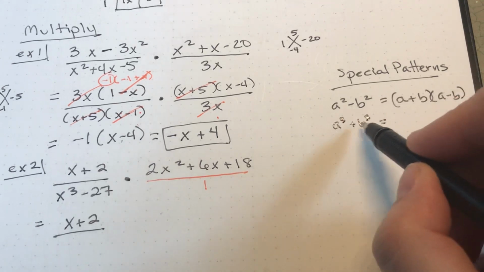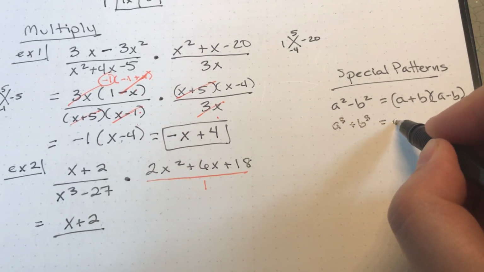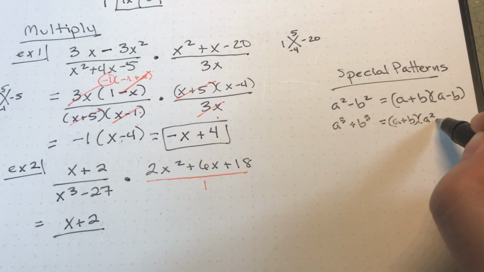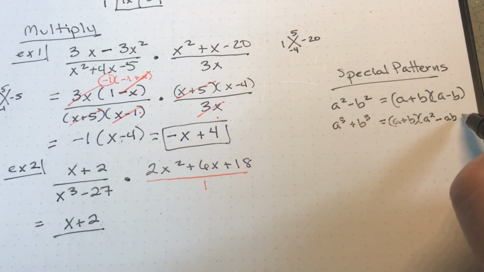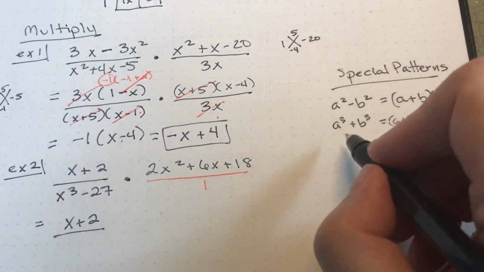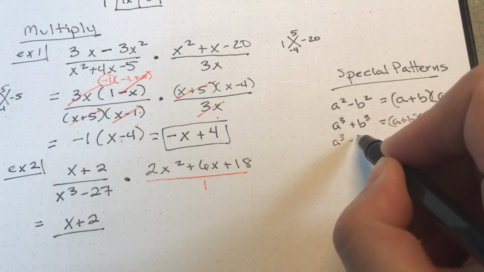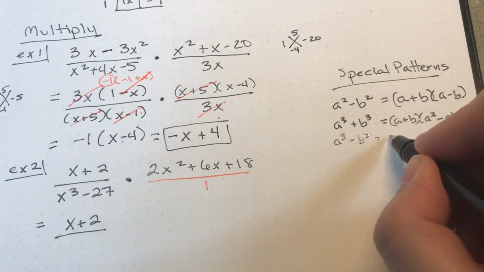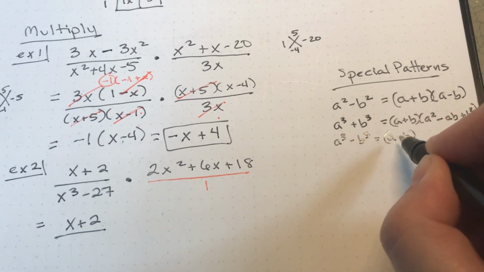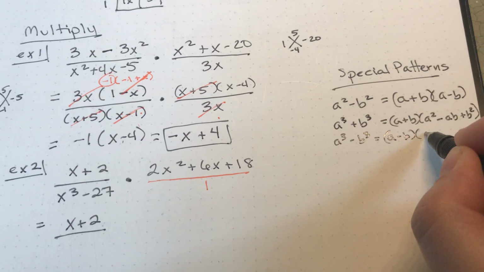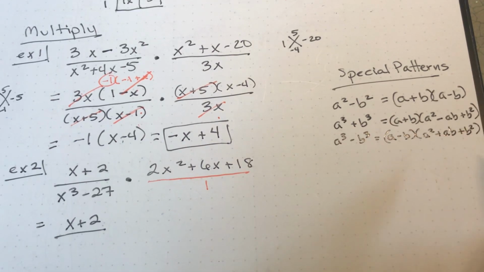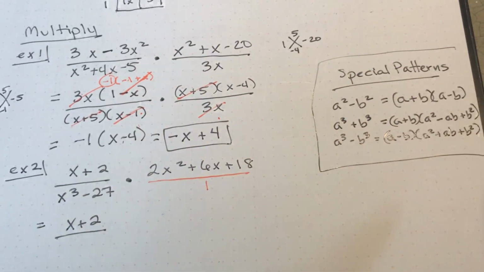So if I have the sum of perfect cubes, that's going to be a plus b times a squared minus ab plus b squared. And if I have the difference of perfect cubes, like I do in this case, it's going to be a minus b times a squared plus ab plus b squared. So there's my special patterns.